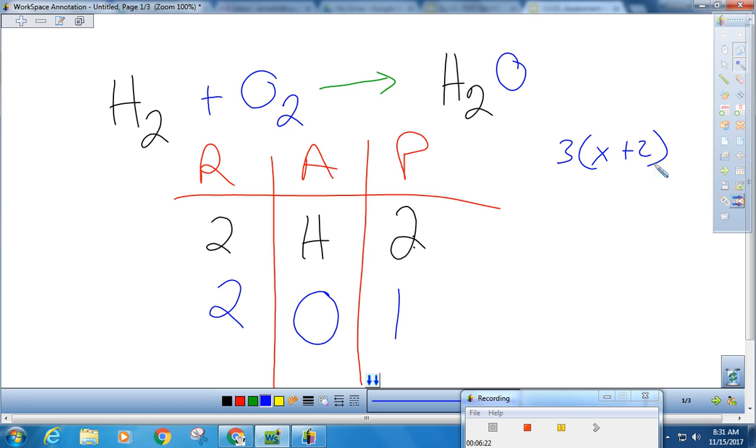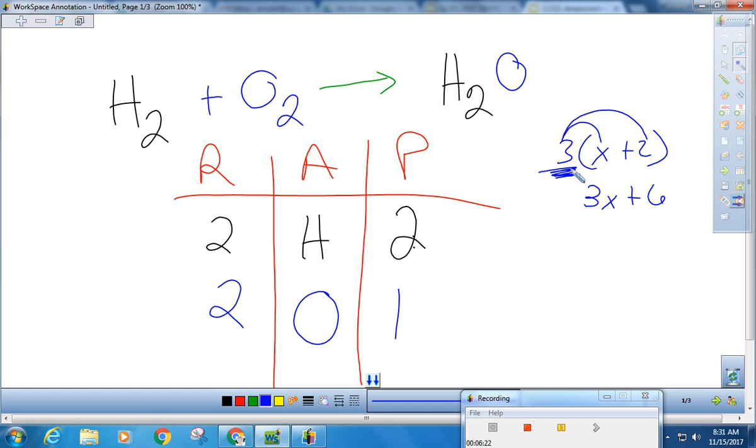Distributive property. I've got to multiply it all the way through. So it's not just x plus 2, but it's 3x plus 6. So a coefficient is like a big number out in front of a parentheses. It's going to be a big number out in front of one of our atoms. It is going to allow us to multiply through so that we can add atoms to the system.